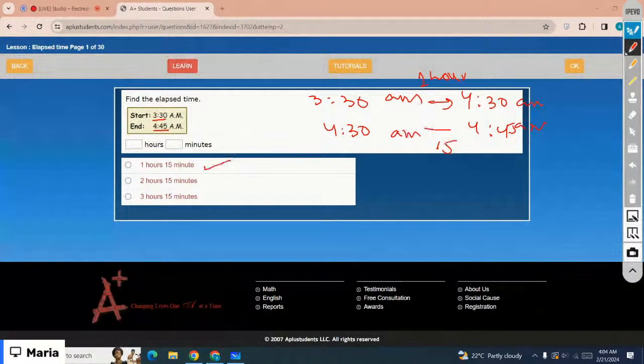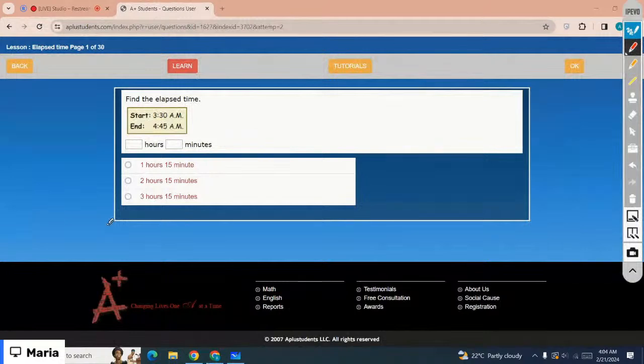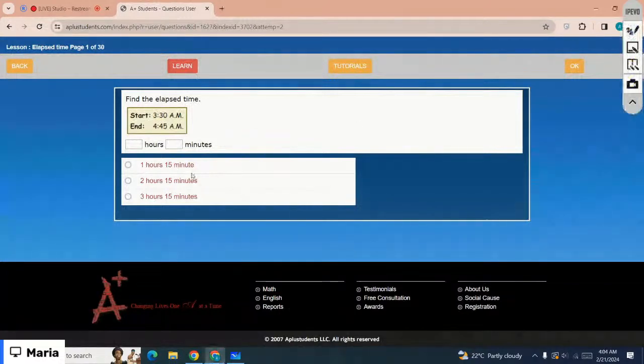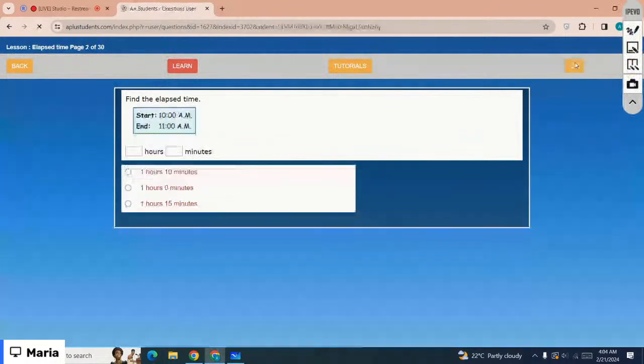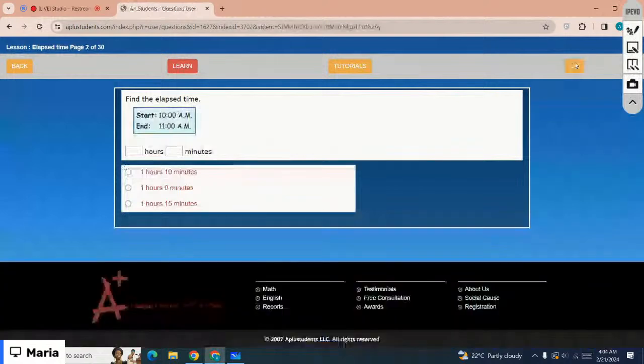The correct option is option number 1, that is 1 hour and 15 minutes. Very good. Okay, the next one is find the elapsed time. Start time is 10 a.m. and end time is 11 a.m. So which is the correct option?